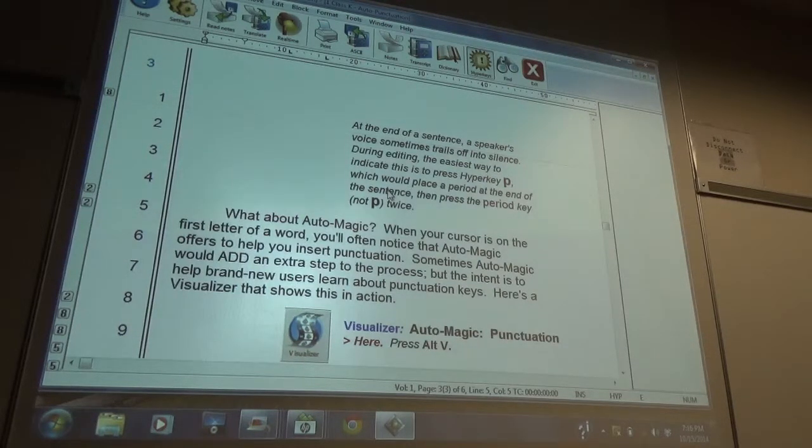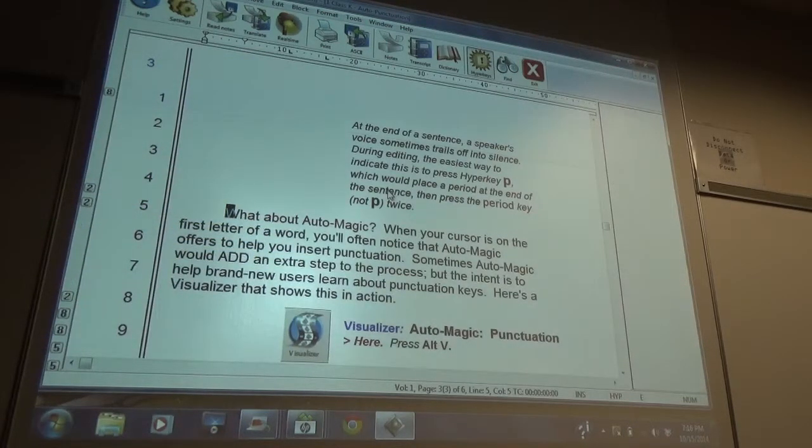Okay, and here they're talking about the AutoMagic keys. When your cursor is on the first letter of a word, you'll notice that AutoMagic offers to help you insert punctuation. So when they say, well, we should go to the store now, it should be well, period. You have well, we, and your cursor is already on we.